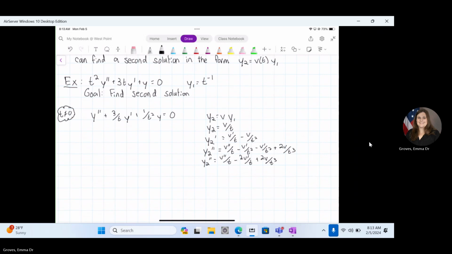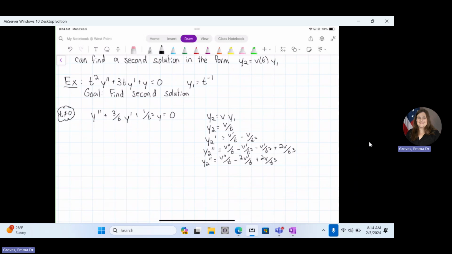Okay, so now I know all these things about the form y2 is going to take, right? So what do you think my goal was with taking these derivatives? Yeah, I'm going to substitute them into my differential equation and solve.